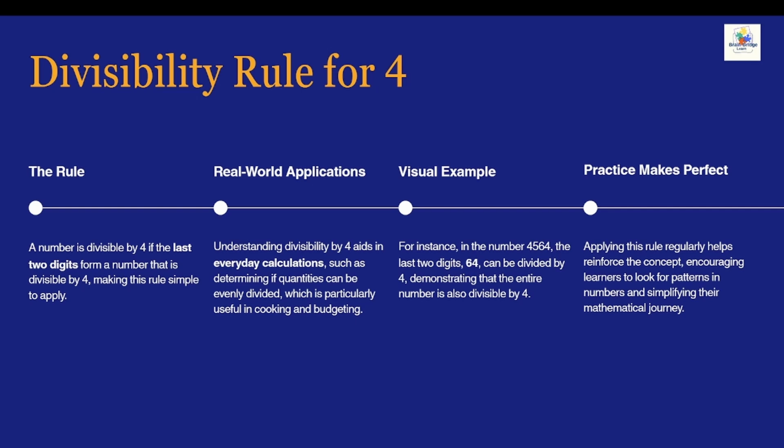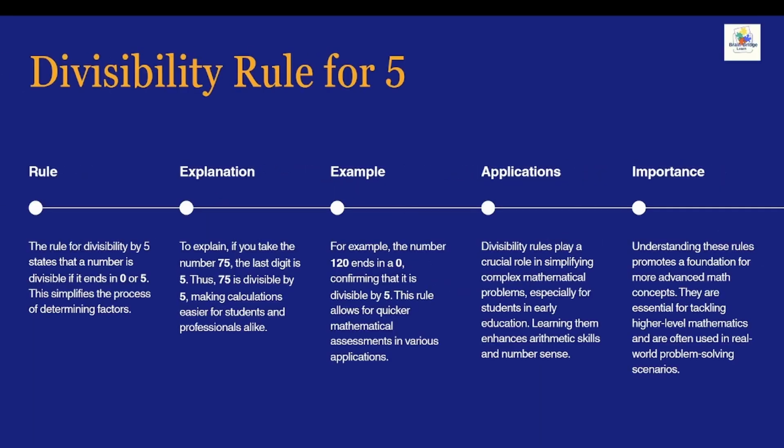Applying this rule regularly helps reinforce the concept, encouraging learners to look for patterns in numbers and simplifying their mathematical journey. Next, we will have the divisibility rule for 5. The rule states that a number is divisible by 5 if it ends in 0 or 5. This simplifies the process of determining factors.